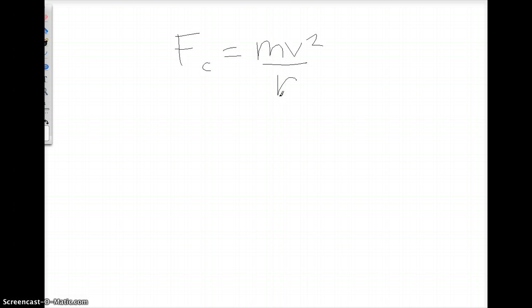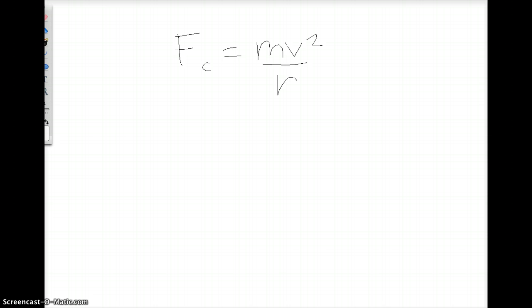And as I've said in the last video, this r doesn't just mean radius of a circle. It represents the distance between the object that's going in a circle and the center of that circle. In this case, the center of the circle is the sun, and the object is a planet.